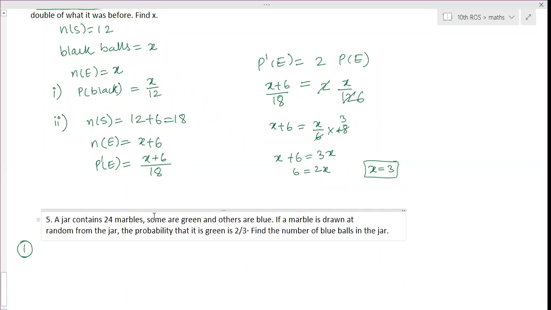A jar contains 24 marbles, some green and others blue. If a marble is drawn at random from the jar, the probability that it is green is 2 by 3. Find the number of blue marbles in the jar. How to find out?